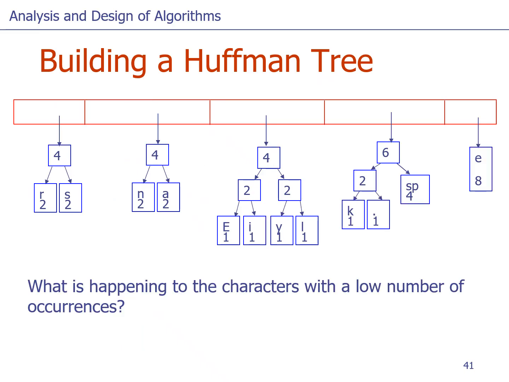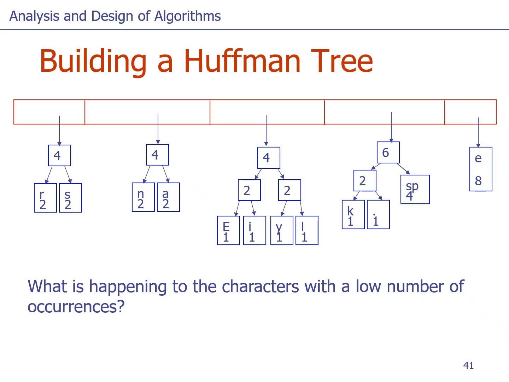Okay? Now, time for a very important observation, which I wrote down as a question. As you see, it says, what is happening to the characters with a low number of occurrences? Where are the low number of occurrences, like capital E, I, Y, and L?